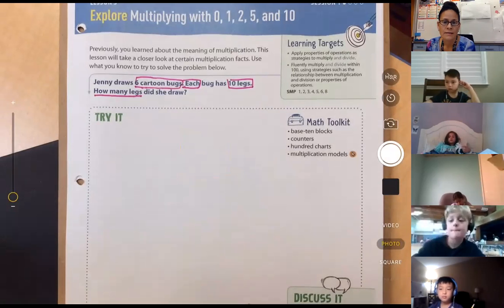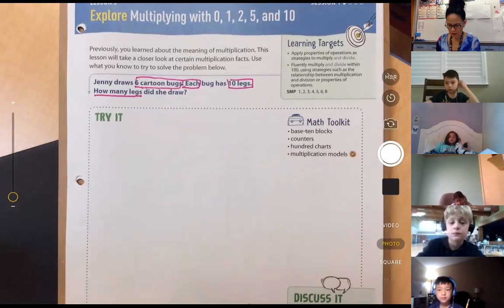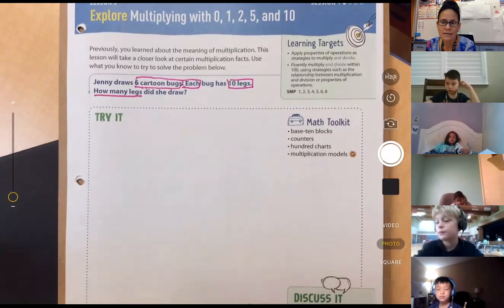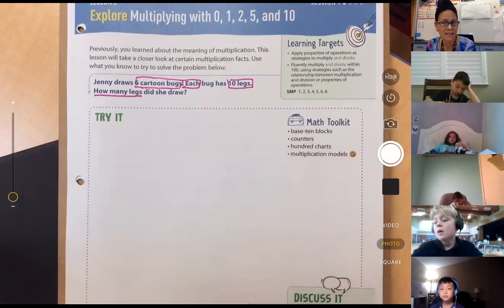All right, so when I'm taking a look at this, I know that I am going to have 6 groups. How do I know that? Because that's what the problem is telling me. I'm going to have 6 equal groups. So that's a good place to start.